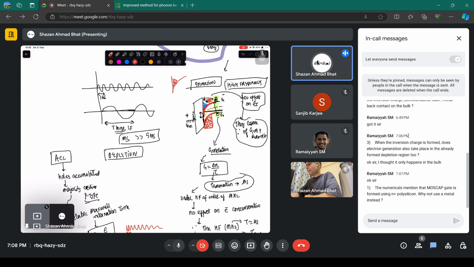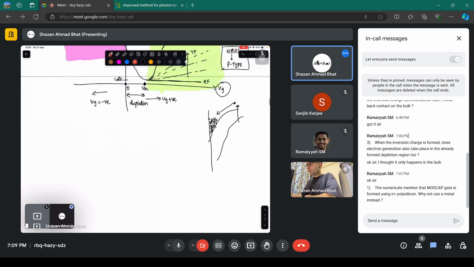And N plus is almost like a metal. It's as if the Fermi level gets into the conduction band of the silicon. That is what N plus means. And that behaves almost like a metal, and you get a good interface in fabrication. There are several other reasons also, but let's not go into the deeper reasons. So you got it.